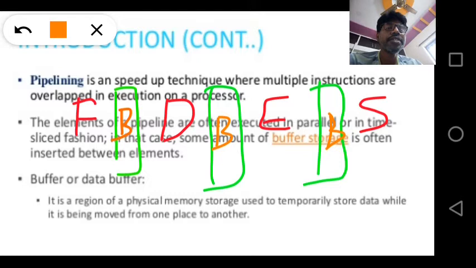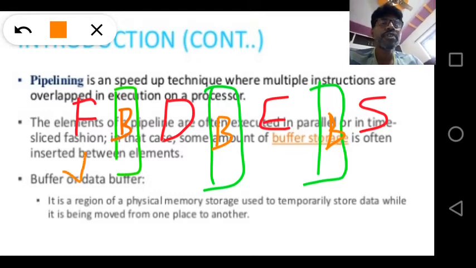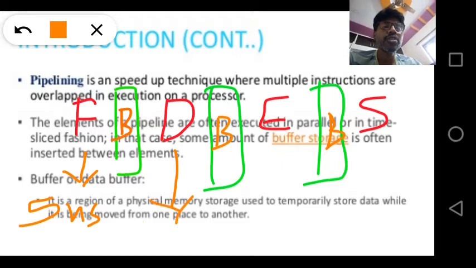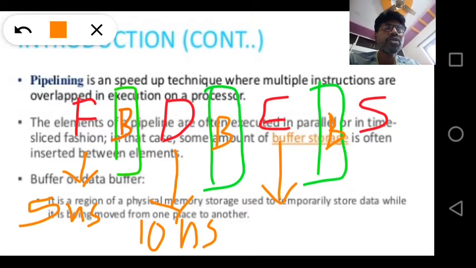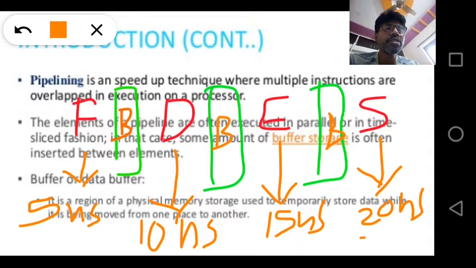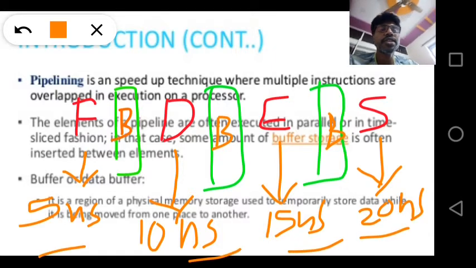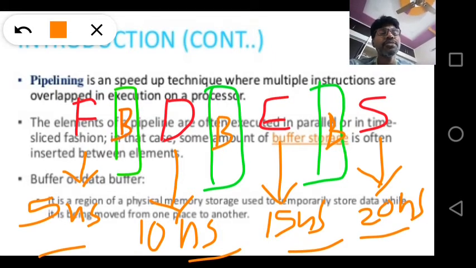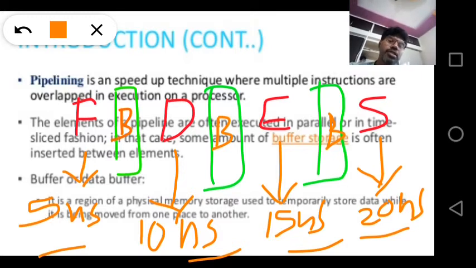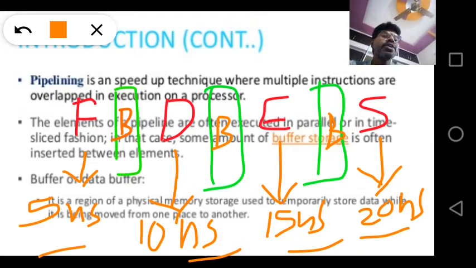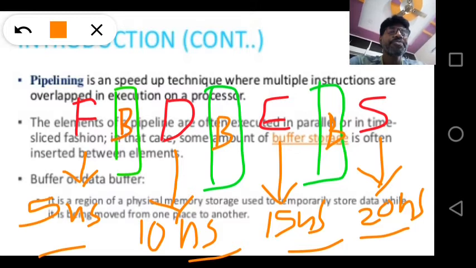Buffer is required if the fetch takes 5 nanoseconds and decode takes, for example, 10 nanoseconds, or it may take 15 nanoseconds, and store may take 20 nanoseconds. So in this case, the fetch completes in 5 nanoseconds, but decode takes 10 nanoseconds. So in that case you need buffer.